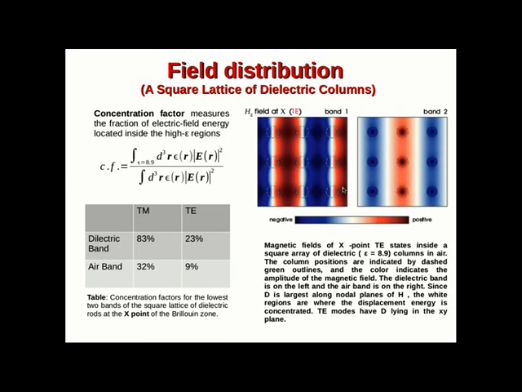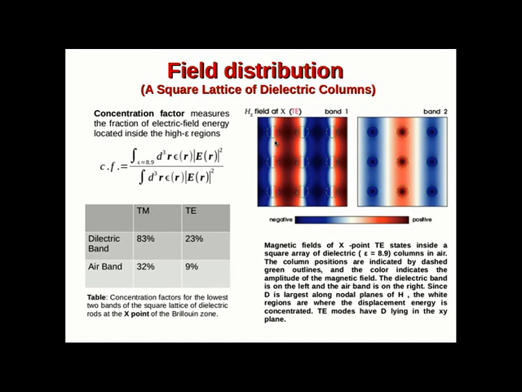To understand the consequence, there is a quantitative term called concentration factor, which tells us about the amount of electric field confined in the dielectric region of the photonic crystal unit cell. It tells us about the percentage of electric field energy which is confined in the high epsilon region.